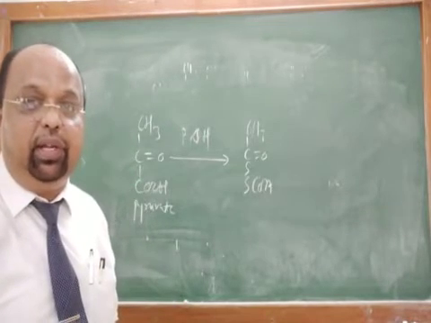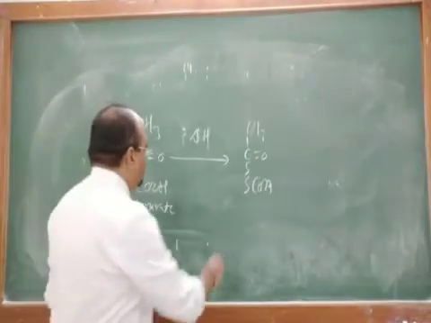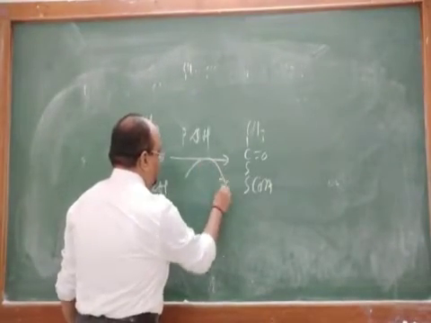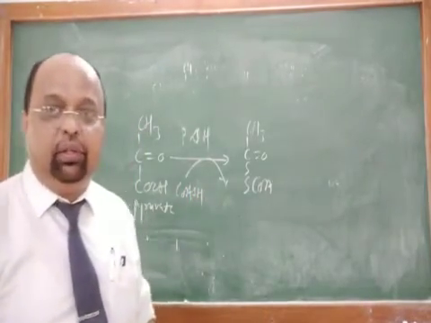Pyruvate dehydrogenase is a multi-enzyme complex which requires 5 cofactors, and during the reaction they use coenzyme A, CoA-SH, as a cofactor.